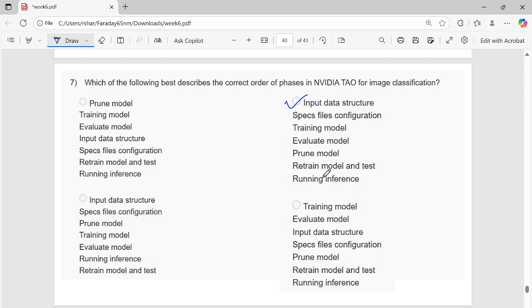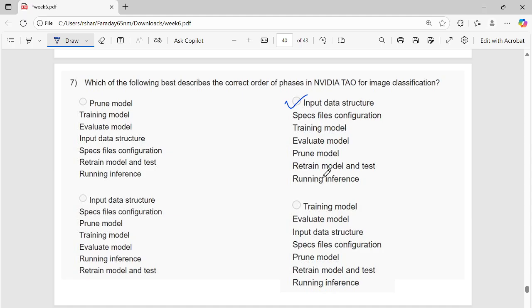Then we perform the optimization such as pruning. Then fine-tuning and re-evaluation, and then deploy the model. So the accepted answer is input data structure, spec file configuration, training model, evaluating the model, pruning the model, retrain model and test, and run the inference.